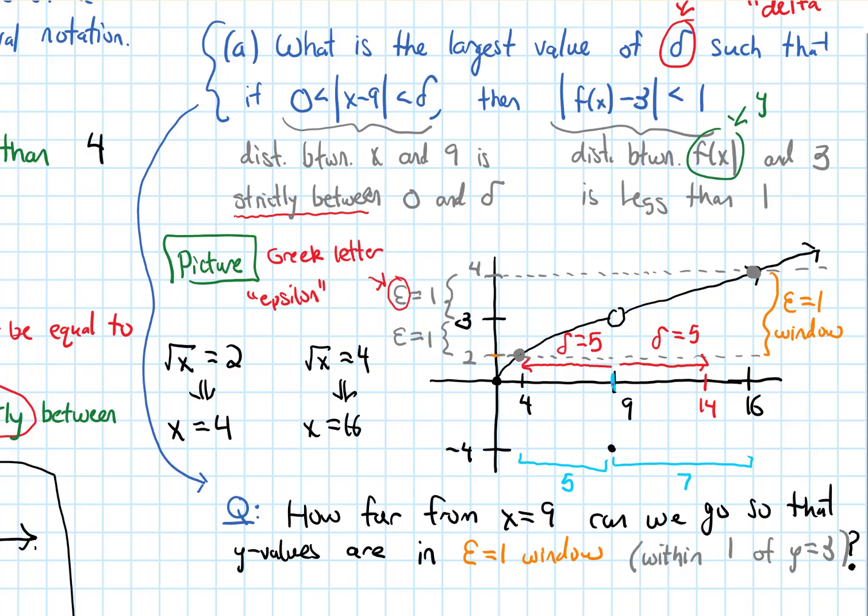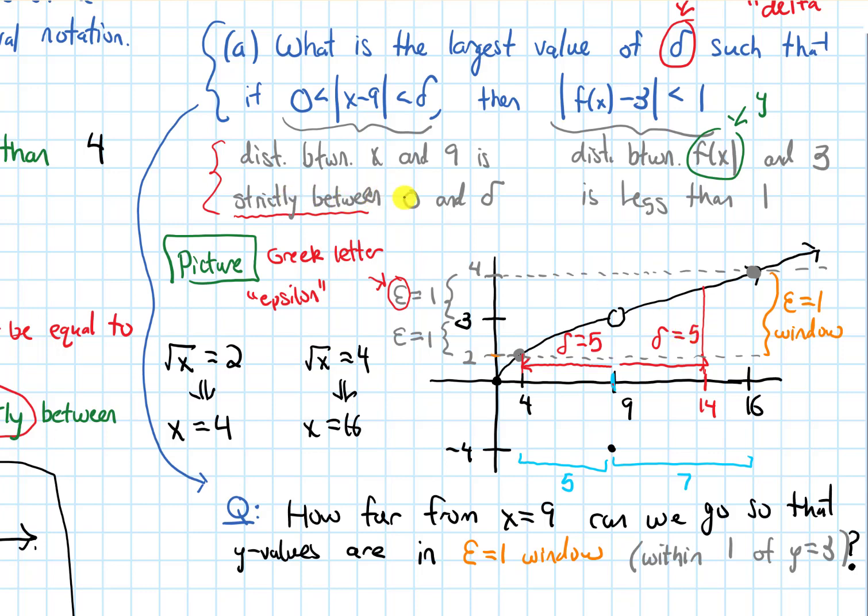So if we draw in that part of the graph now, from this left edge, I'm going to just draw a line up. And from 14, from the right edge, I'll draw that part up. Let's look at the part of the graph, those y values that are in between these two endpoints now. So if I look at this distance statement in terms of delta, it says the distance between x and 9 is strictly between 0 and delta. And we've picked delta to be equal to 5.